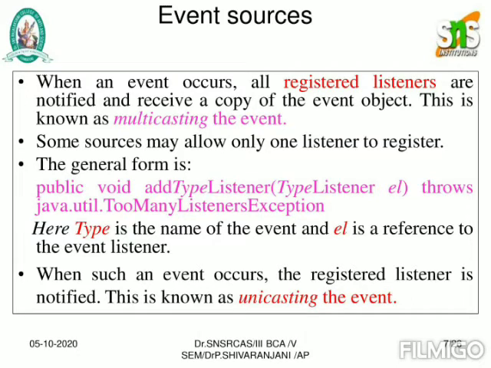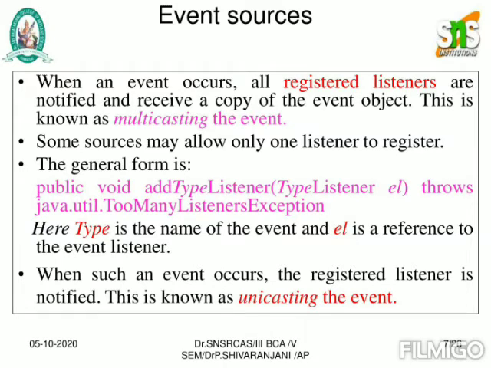When such an event occurs, the registered listener is notified. That is called unicasting the event. In unicasting, only one registered listener can be notified at a time, whereas in multicasting, many notifications can be received. So many things will be monitored by the event source. That is the difference between multicasting and unicasting the event.